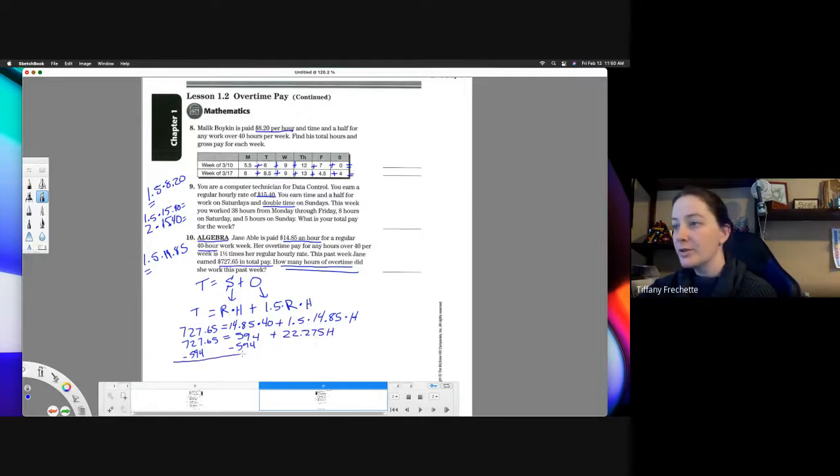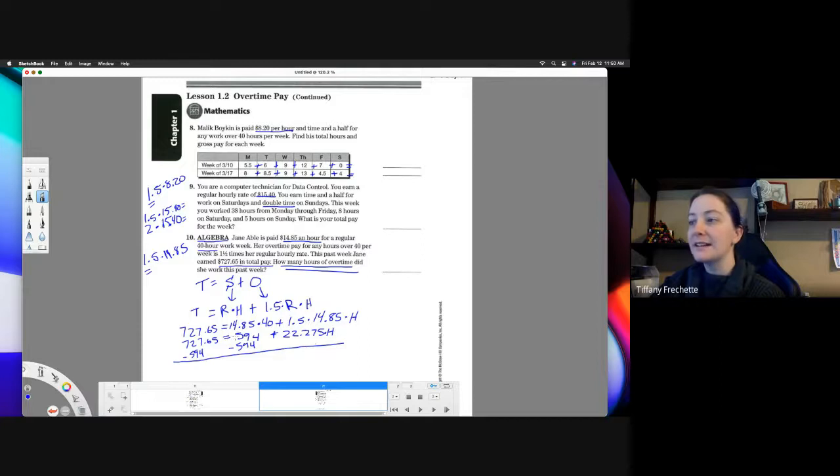So first, you want to move what's being added or subtracted. Be careful with this because sometimes I'll say that, move what's being added or subtracted, and students go, well, it's plus 22.275. 22.275 is being multiplied here. When they're snug like that, they're being multiplied. It's a positive 22.275, but it's not being added.